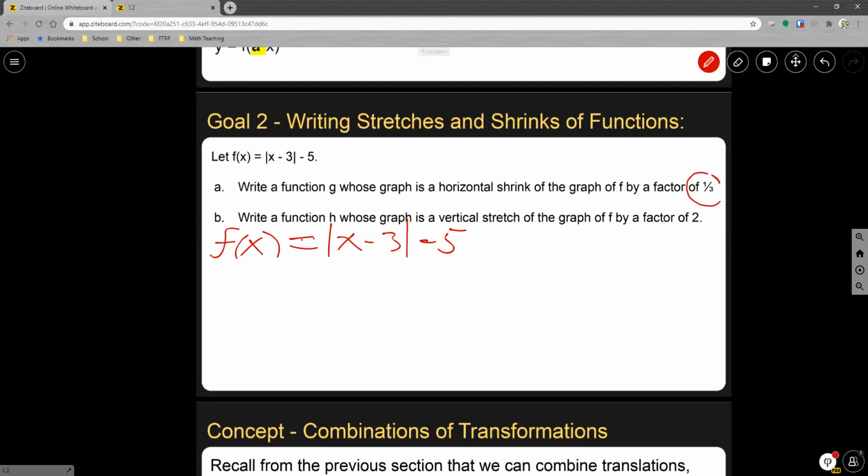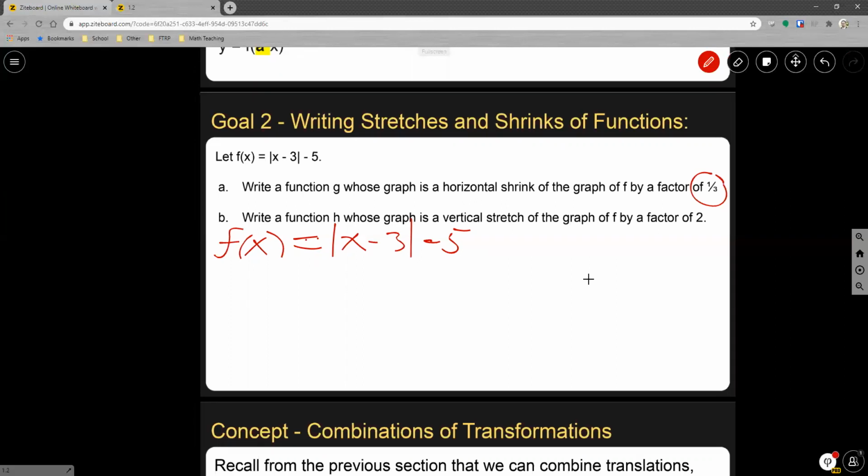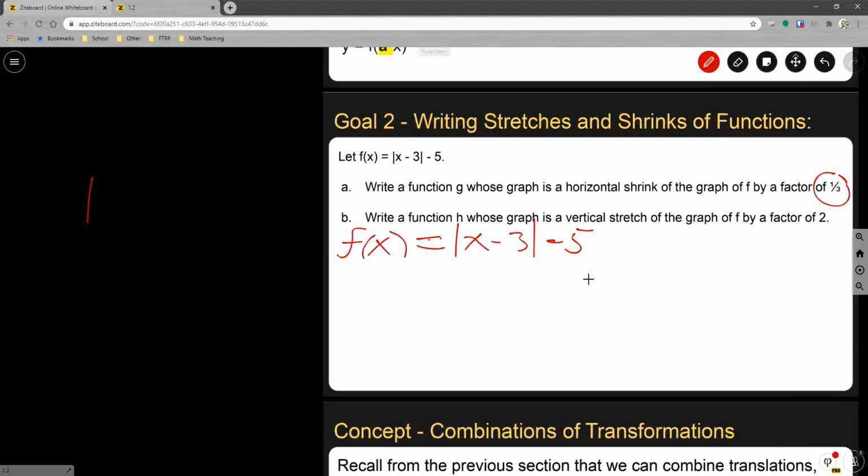If I want to shrink by a factor of 1/3, then I have to multiply by the opposite of that, because remember, small numbers actually cause a horizontal stretch. So how I do that is I take the reciprocal, only with horizontal stretches and shrinks. I'm going to take the reciprocal of this value, 1/3.